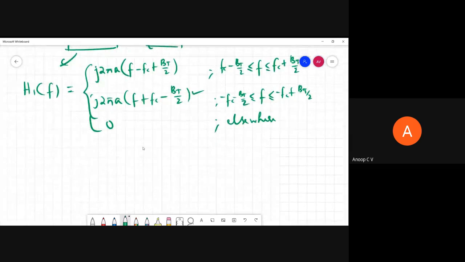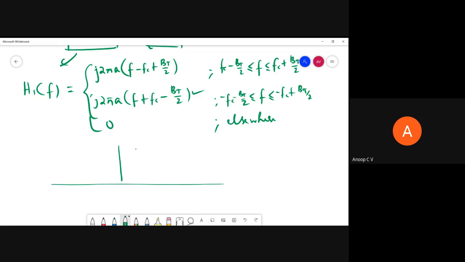Now we can try and plot this. It's quite straightforward. To plot this, this is plus fc and this is minus fc.